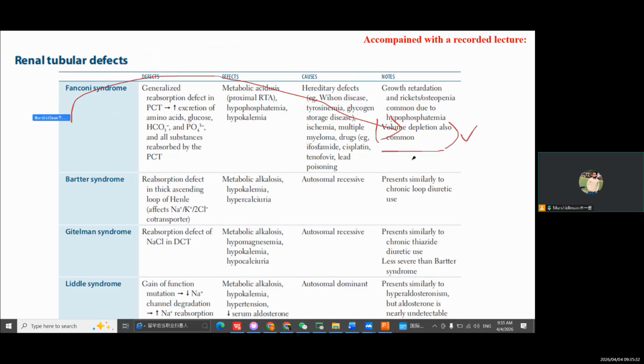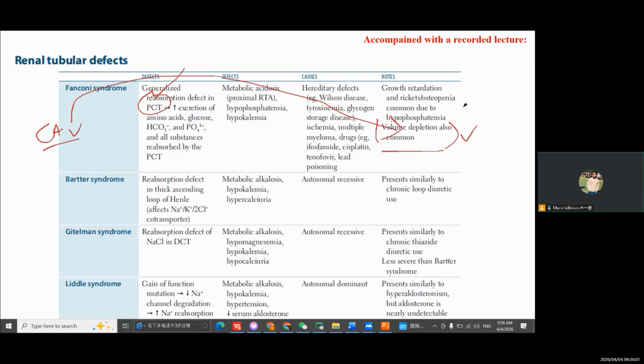So go back to the normal physiology: Fanconi syndrome is a generalized PCT reabsorption defect, and because the PCT is responsible for the majority of sodium and water reabsorption, the patients are more prone to volume depletion as well.